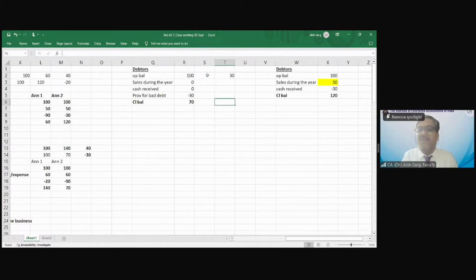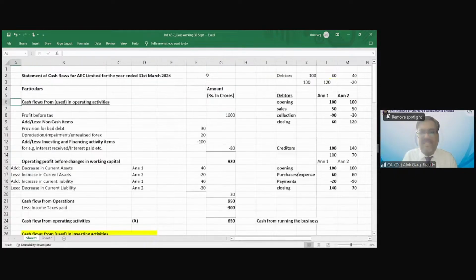Your debtor has been reduced by 30 rupees. So whenever there is a decrease in current asset, it will be positive, 30 rupees. There is a decrease in current assets, right? So you will add 30 here, right? So will you add 30 here? No. Why no?